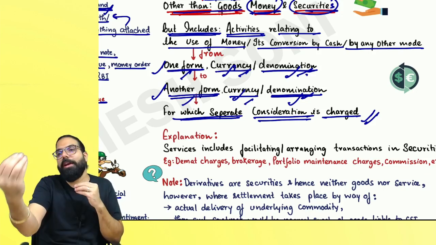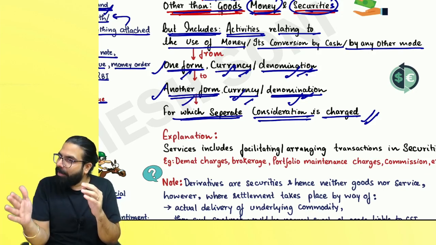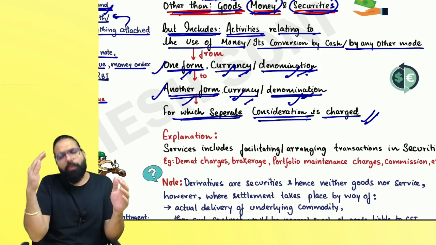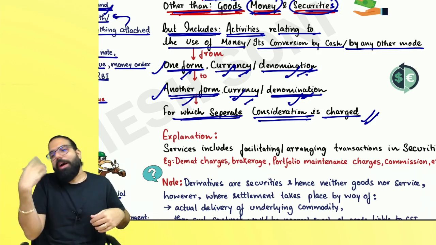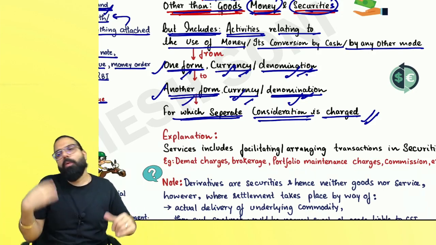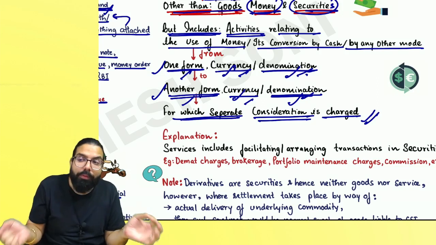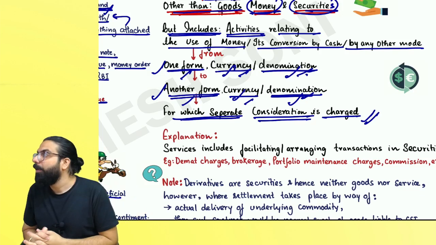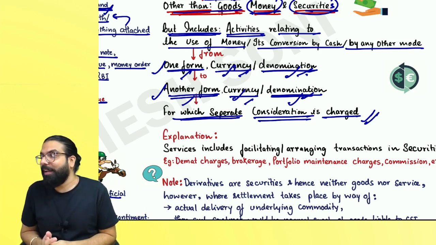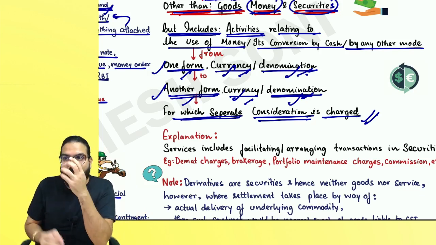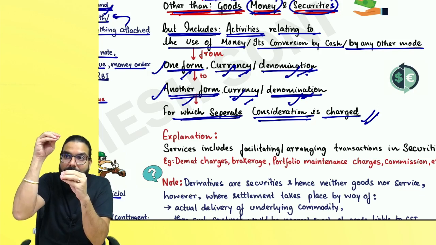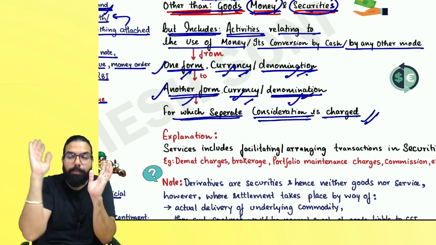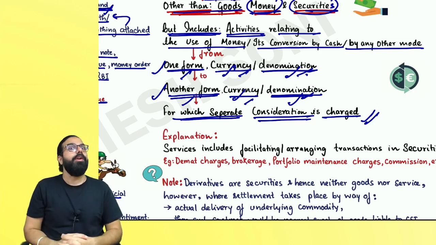Activities relating to giving money to use, its conversion by cash or by any other mode from one form to another, one currency to another, one denomination to another, for which separate consideration is charged. Are we clear? Now they told about money, that money is neither goods nor service, but the activity behind money is a service activity, provided separate consideration is charged.